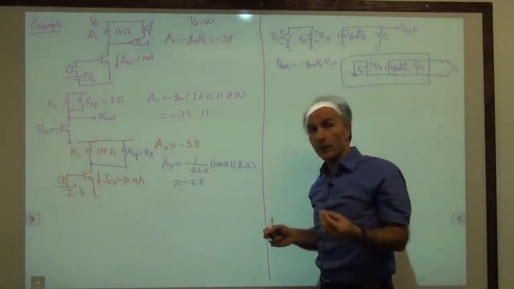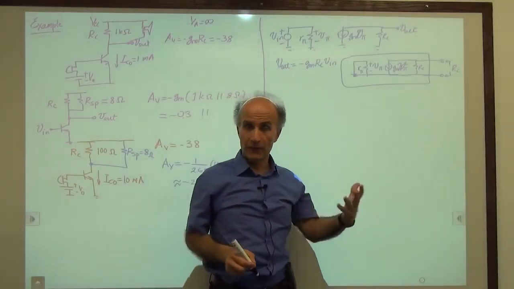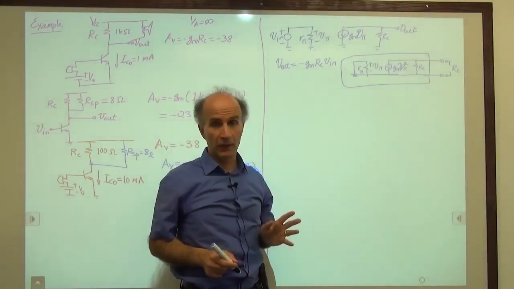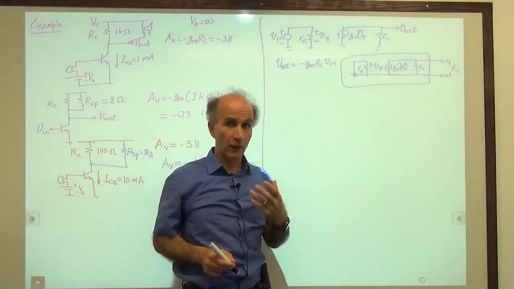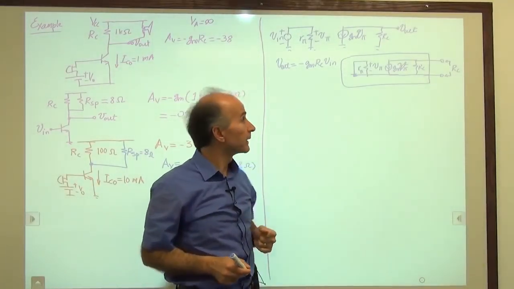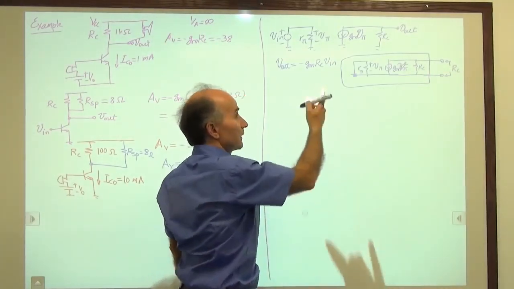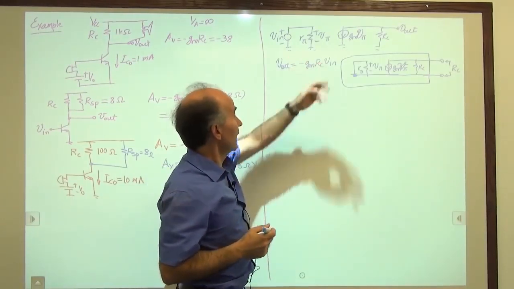And this is why it's so important that you be comfortable with Thevenin, Norton equivalents, and all these things from basic circuit theory, because we use them here left and right. They are our analytical tools. So you have to be very proficient with using them. Okay, so let's draw the equivalent circuit, the Thevenin equivalent circuit of what we have.